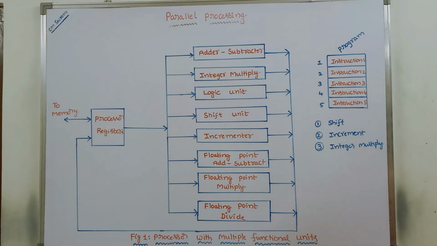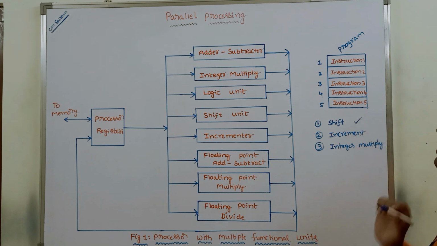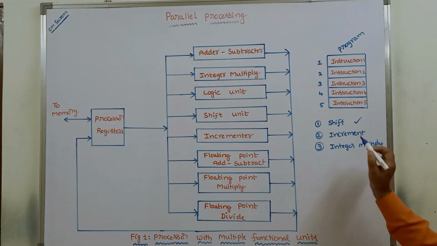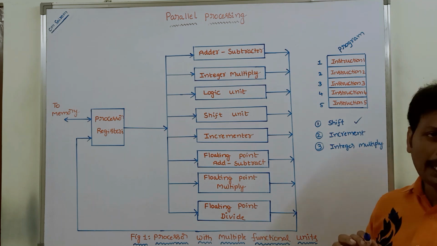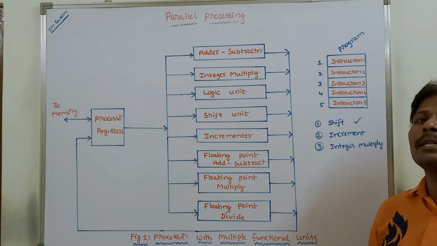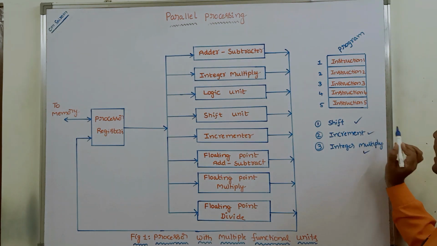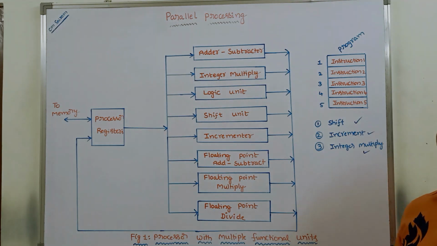Okay. To perform those 3 operations, for the shift operation we require one operand. To perform the increment operation, we are providing only one operand. For performing integer multiplication, we are providing 2 numbers.